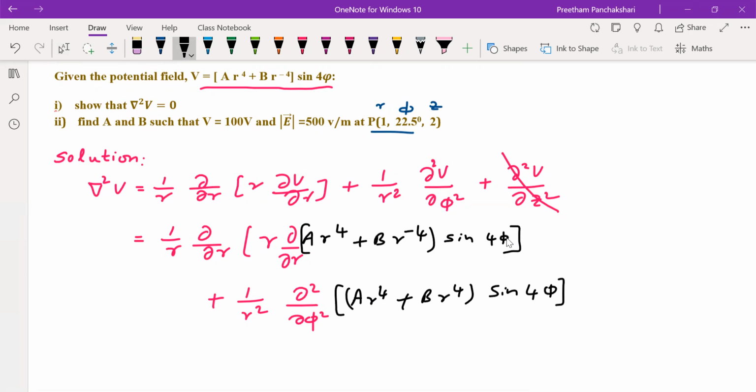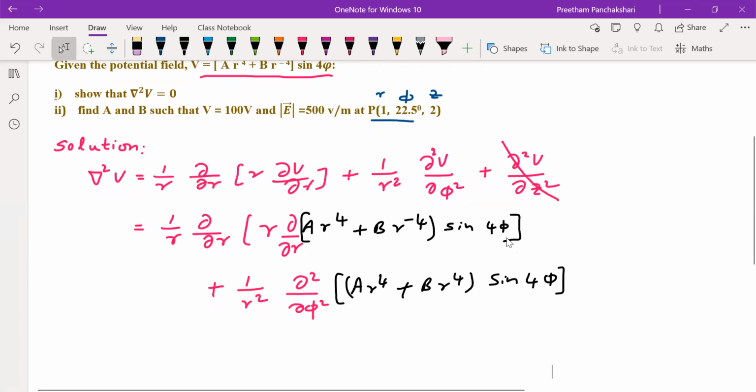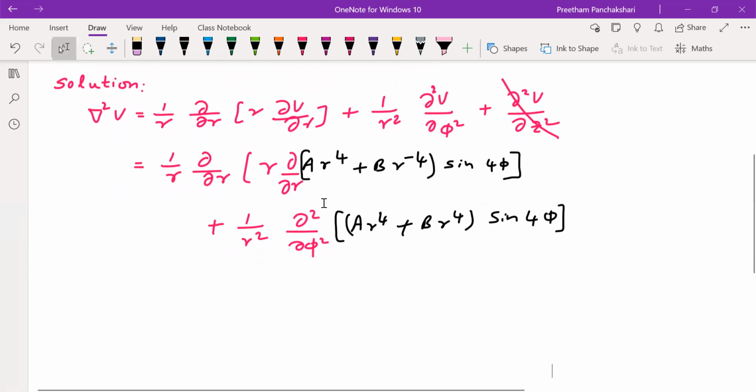No unit vector because del square V is a scalar function.